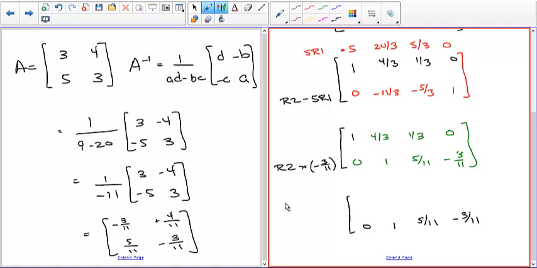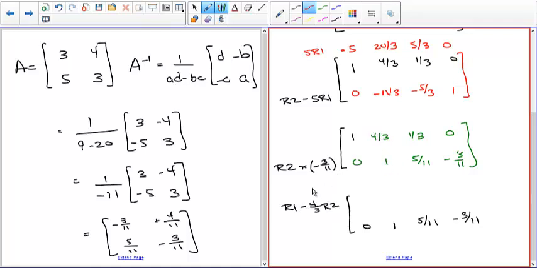And what we're going to do is take row 1 and subtract. So we want to subtract 4/3 times row 2. Because if I multiply this by 4/3, I'll get 4/3, and then I subtract it from 4/3 and I'll get 0.